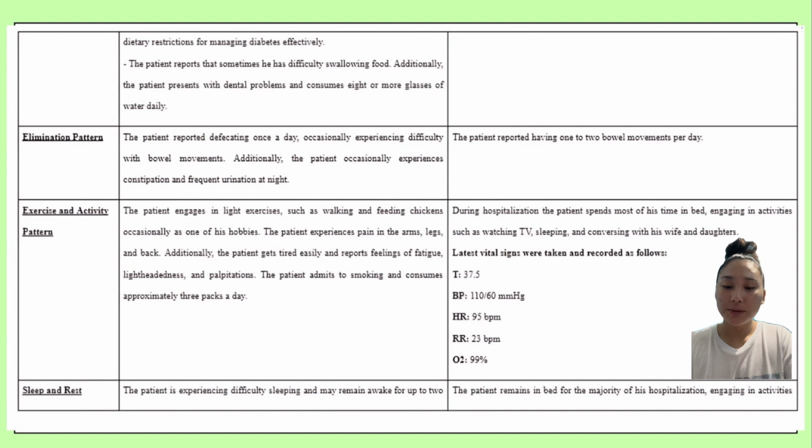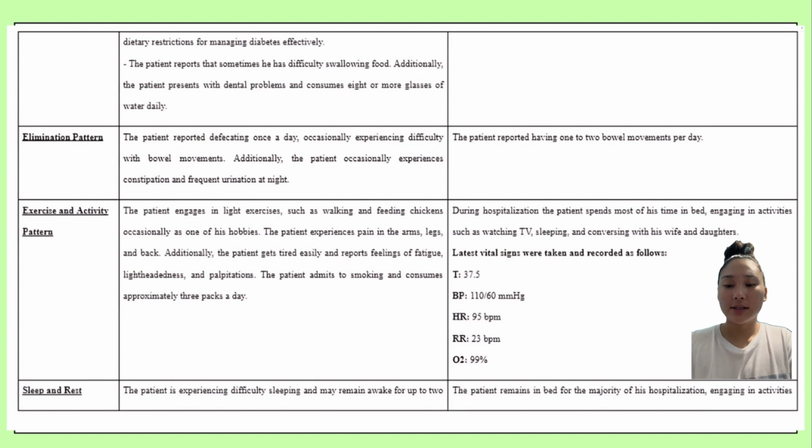So before hospitalization, the patient reported defecating once a day, occasionally experiencing difficulty with bowel movements. And additionally, the patient occasionally experiences constipation and frequent urination at night. And during hospitalization, the patient reported having 1 to 2 bowel movements per day.